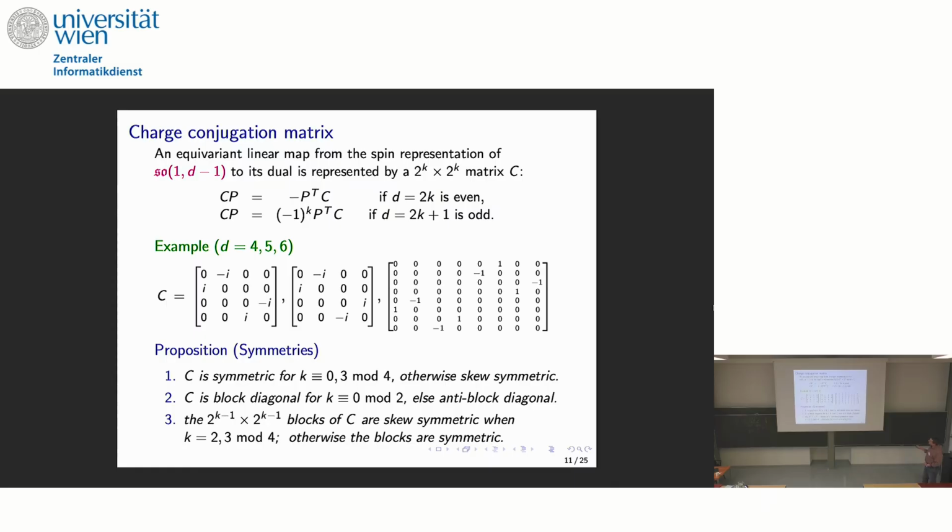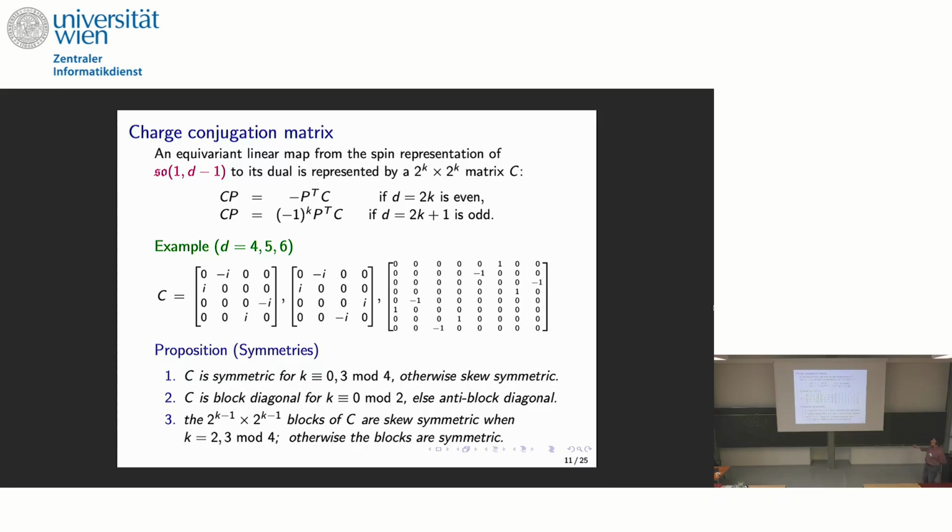C times P is minus P transpose C. P is this big matrix that has the entries of momentum vectors linearly for one tiny little particle. And then, in the odd case, there's a minus 1. So, for example, if D is 4, then the charge conjugation matrix is this complex skew-symmetric matrix.